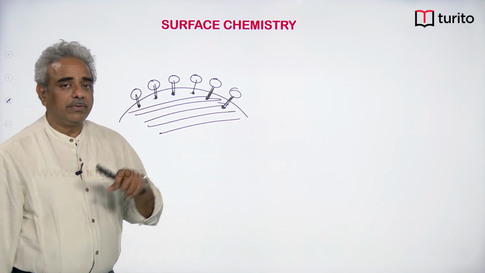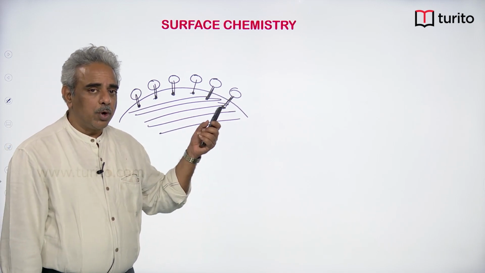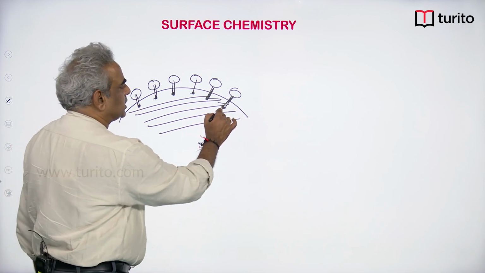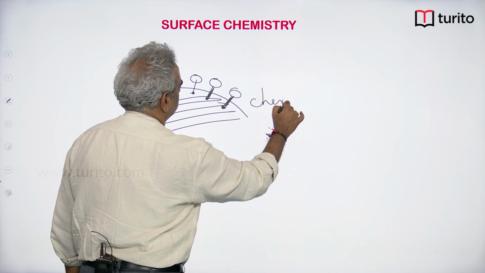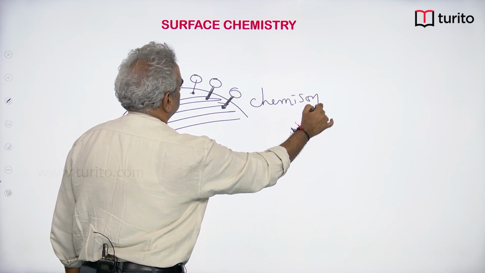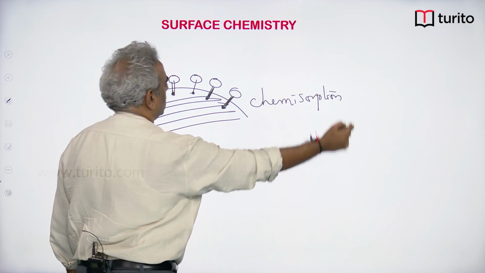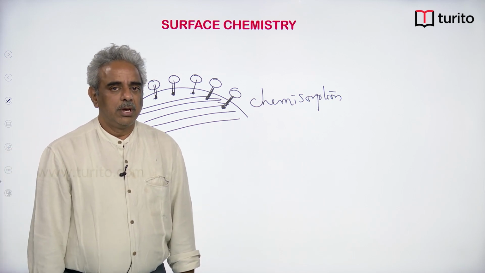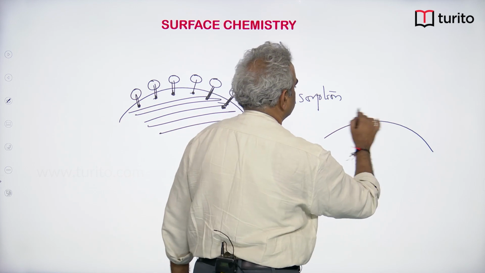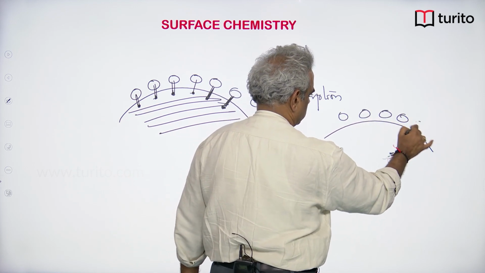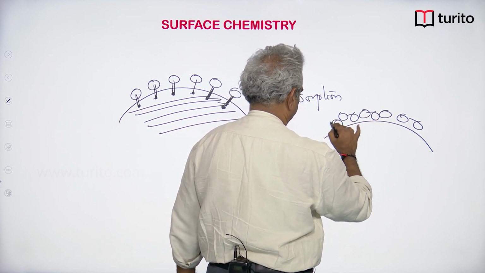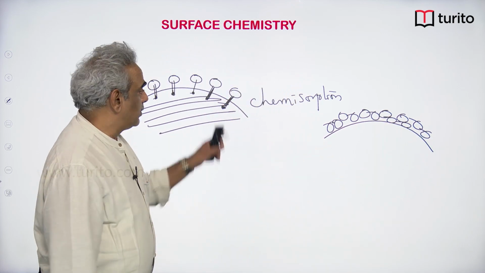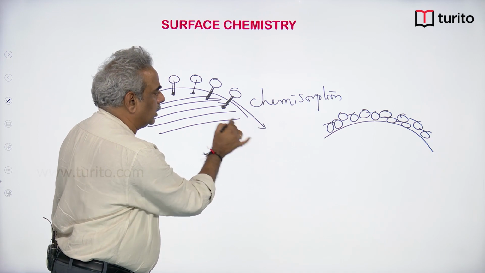There is a bond between the adsorbate molecules and the adsorbent surface. If such a bond exists, we call it chemisorption. Physical adsorption, chemical adsorption. Physical adsorption is just accumulation with van der Waals force. Chemical adsorption is a chemical bond.